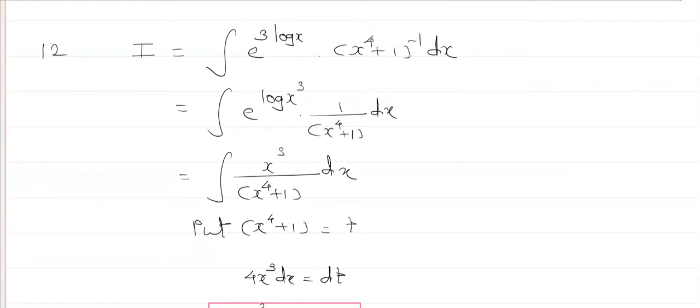Question number 12. I is equals to integral e raised to 3 log of x into x raised to 4 plus 1 bracket raised to minus 1 into dx. आता बघा हे कसं लिहिलेलं आहे. This is the property of the log. What is the property? जर समजा असं असेल a log of x, that is equals to, this can be written as log of x raised to a.